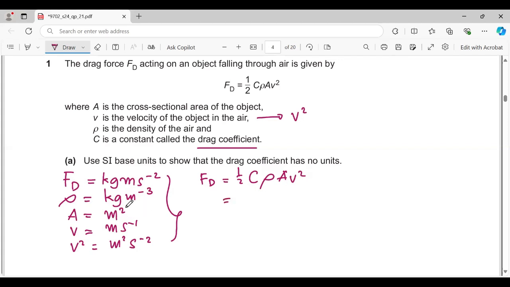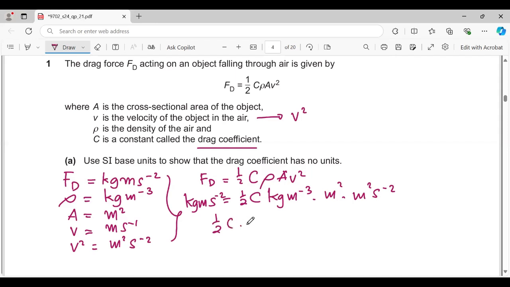Substitute these units: half C, because C has no unit, times rho kilogram per meter cube, times A meter squared, times v squared, meter squared over second squared, and F_D is kilogram meter per second squared.